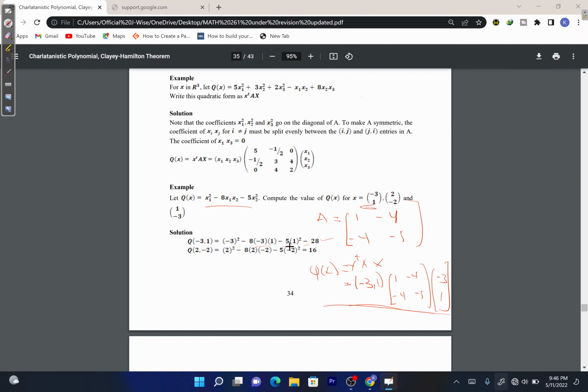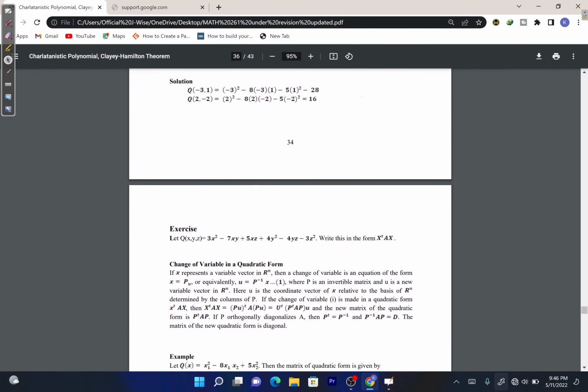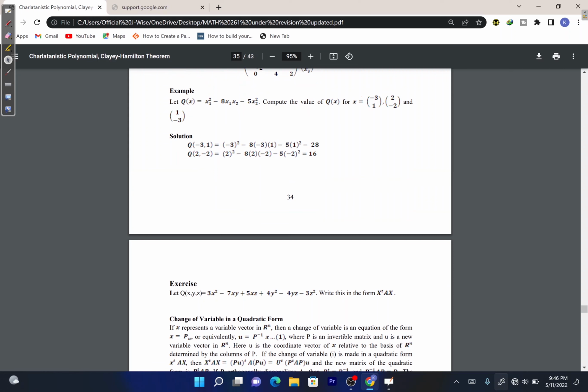Then the last term gives us negative 5, which is 28. The same thing applies to the second vector and the third vector. I go through the process again, and when you simplify the second, I get 16. So you can try your hand on the last one.